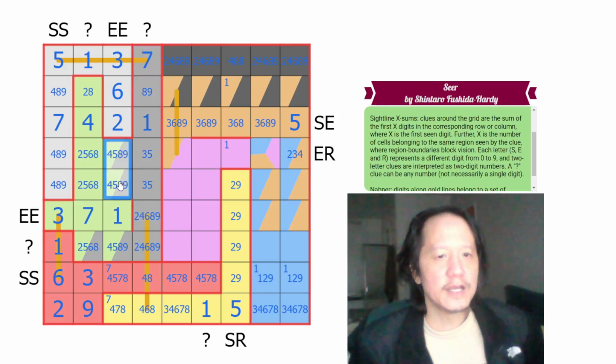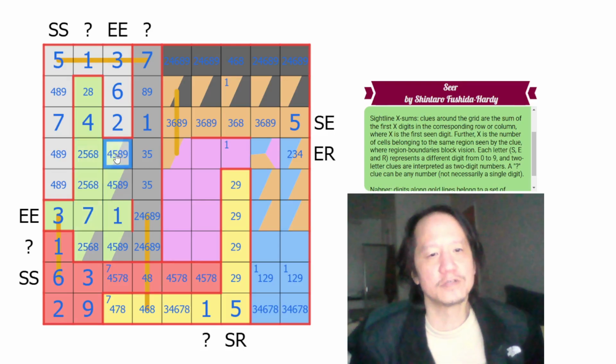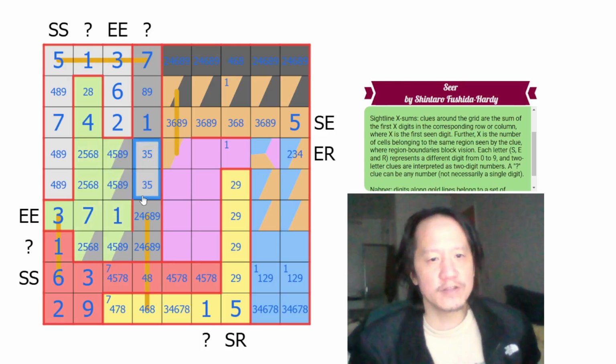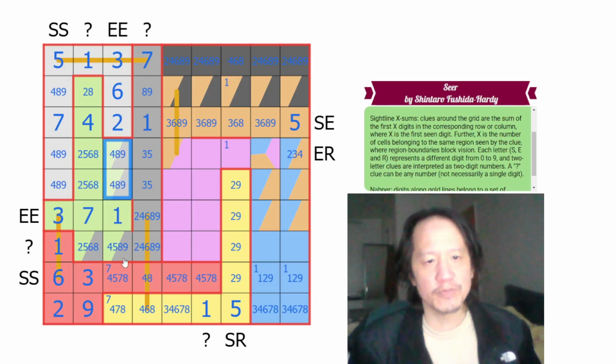So this can never be a 5 in the rest of this column. That could be green or gray, because the green 5 has to be one of those 3 cells, and it cannot be here. The gray 5 has to be one of these 2 cells, so it can't be here. So therefore, this can't be 5, this can't be 5.